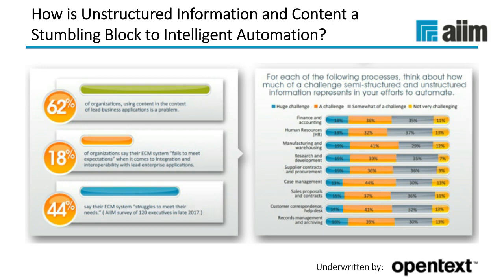And so you look at this question for each of the following processes. Think about how much of a challenge semi-structured and unstructured information represents in your efforts to automate. And what you can see by that turquoise-ish and I guess orange bars there, it represents a significant challenge for organizations. So key takeaway there, unstructured information, still a key stumbling block to intelligent information automation.